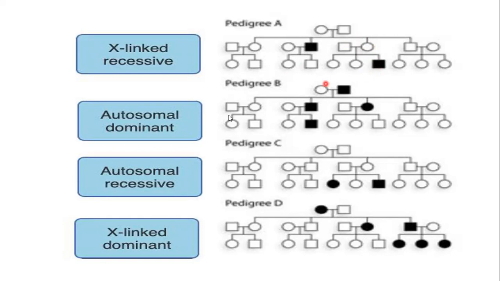The next is the autosomal dominant pedigree and you can see here in each generation the disease is present. So here the father is affected. He further affects 1 son and 1 daughter, while his other daughter and son are normal. So it means here the father is affected with an autosomal dominant disorder, but he is present in heterozygous condition.